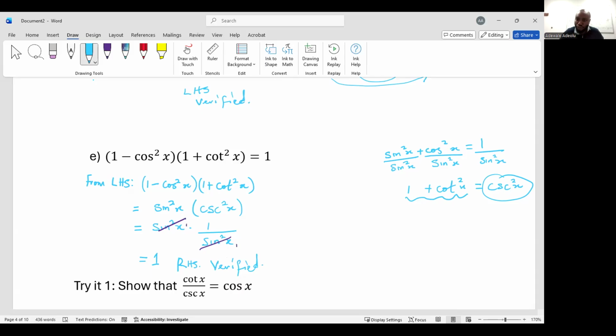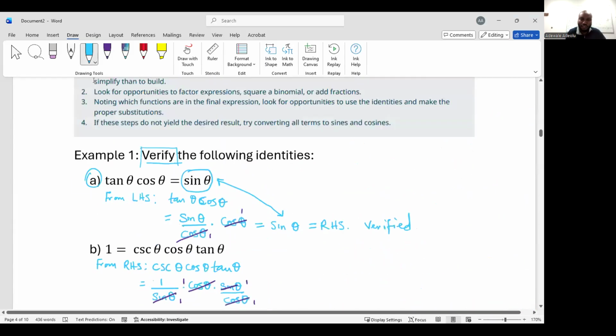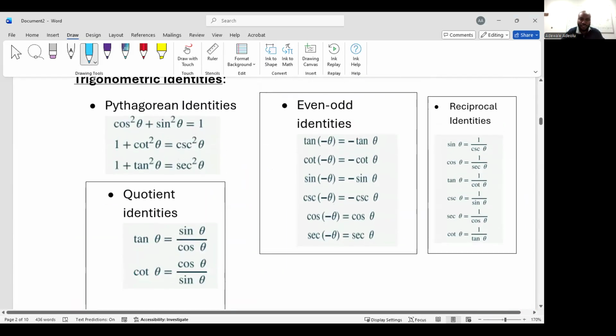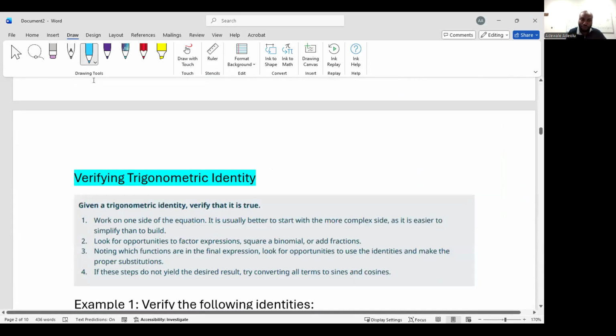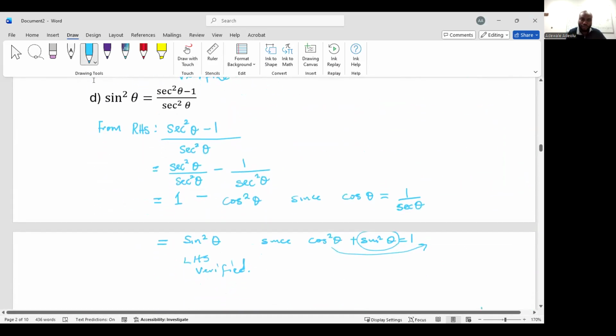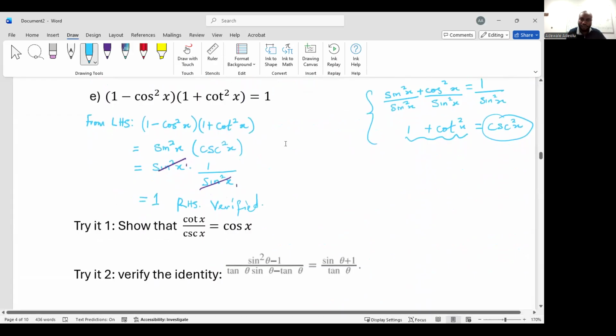If you do not want to go through this, then you should know all these identities often. Look at it. 1 plus cotangent squared of theta is cosecant squared of theta. That is what we use when solving this.